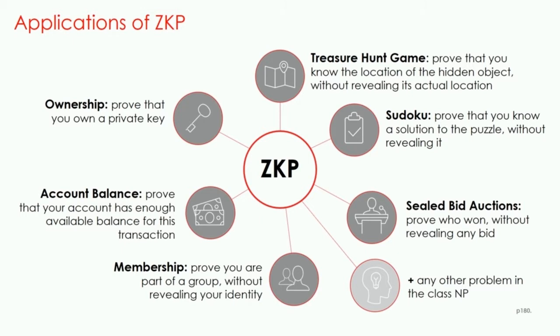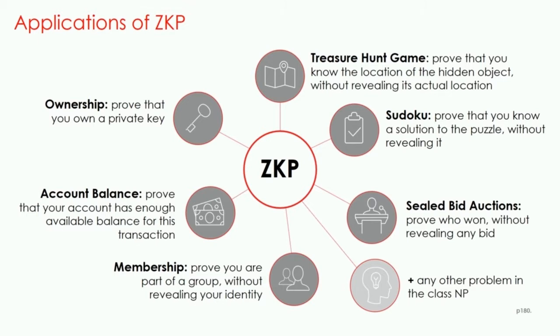Another example is Sudoku. Do you know Sudoku? It's just a simple puzzle game. You can prove that you know a solution to this game without actually giving the solution to the reader. And there are more examples.